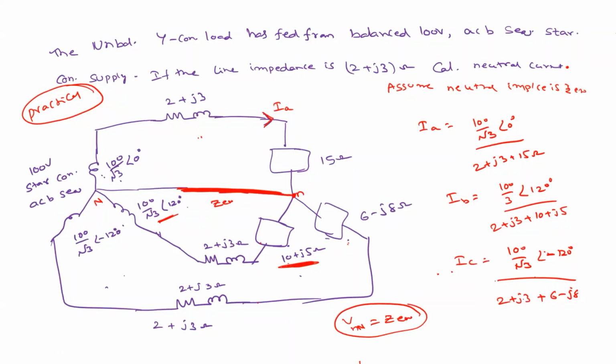The earlier case is the most practical one, where we have impedance for the lines as well as for the neutral. Just to simplify the calculations, we assume the neutral current is 0, so that you obtain all these three.